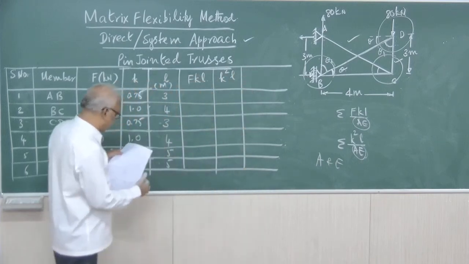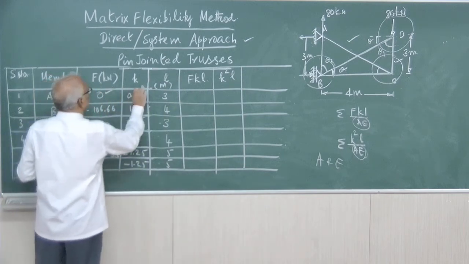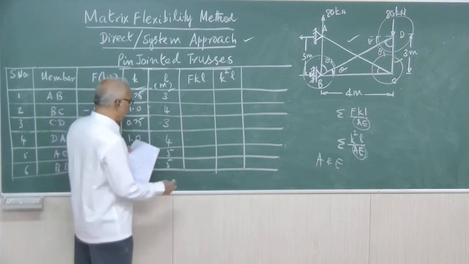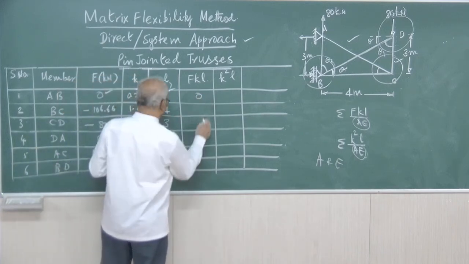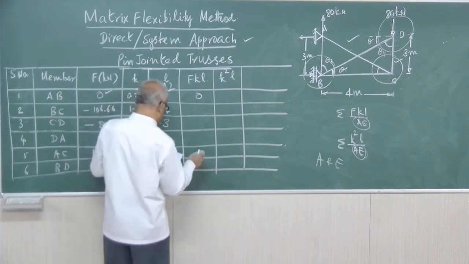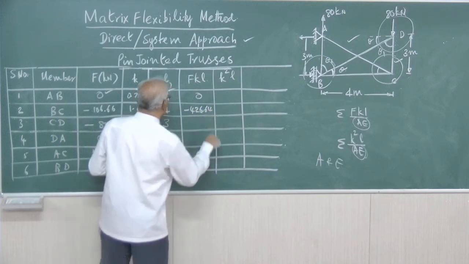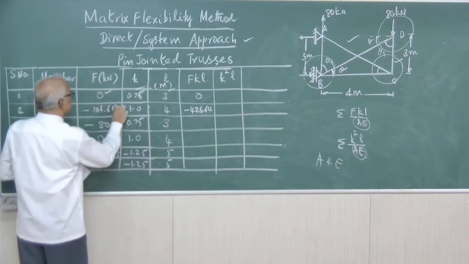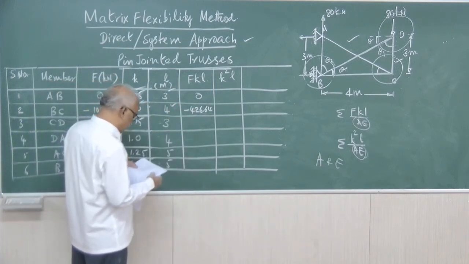Now these values are only calculations. Multiply FKL. First term, because F is 0, this will be 0. Next it is minus 426.64, that is 106.66 into 1 into 4, that is minus 426.64.